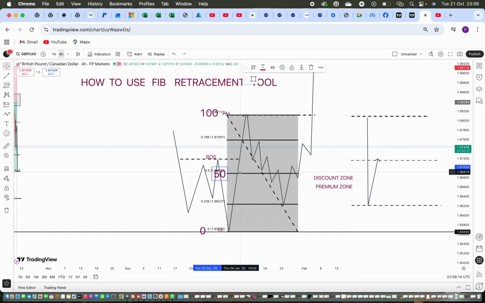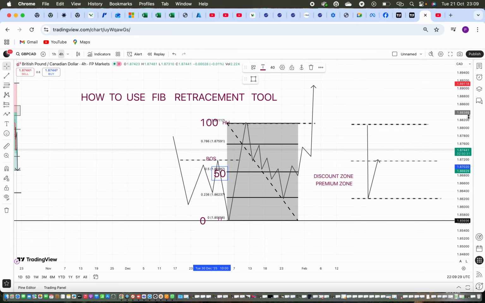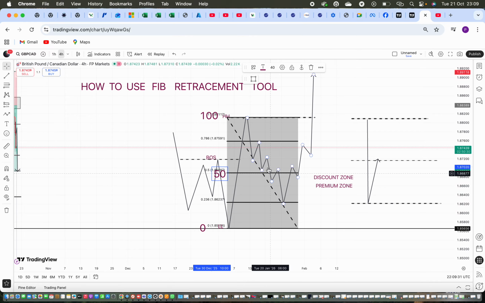Now most of the time, these hedge fund institutional traders or banks that have the biggest funds that can actually push this price do not want to get involved in continuing to push the market to the upside if price has not retraced or pulled back below this 50%.